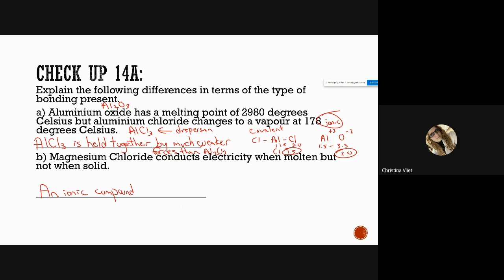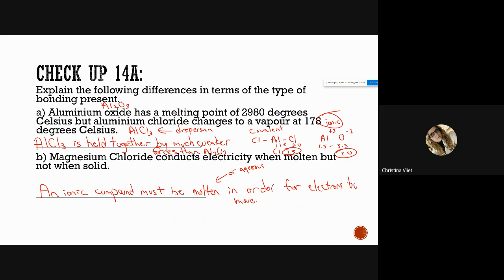So an ionic compound must be molten in order for electrons to move. And electrons have to move in order for there to be electricity conducted. If electrons don't move, electricity can't be conducted.